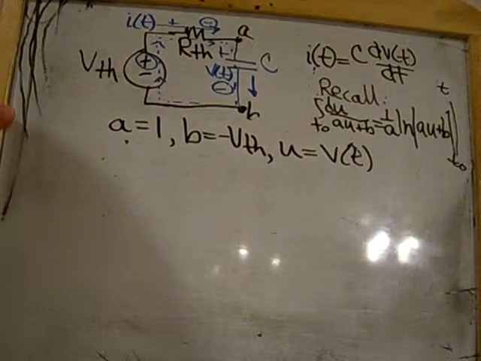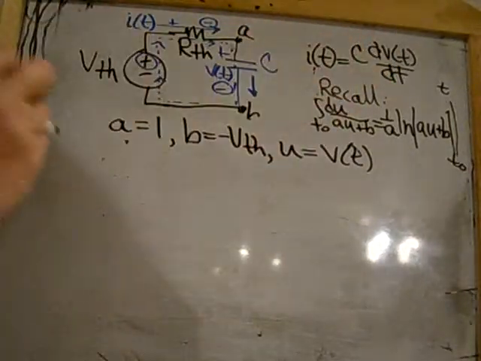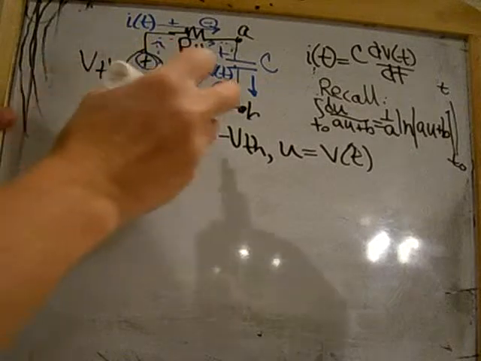So that will give me one over A, which is 1.